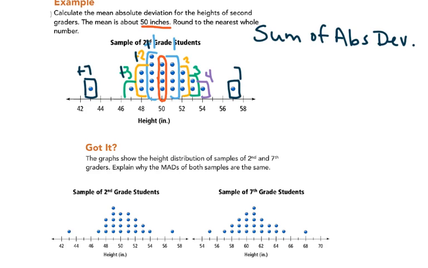So I'm going to have 1, 7, which I got right here. I'm going to have 1, 3. I'm going to have 3 2s. And I have 5 1s. I have 4 zeros.